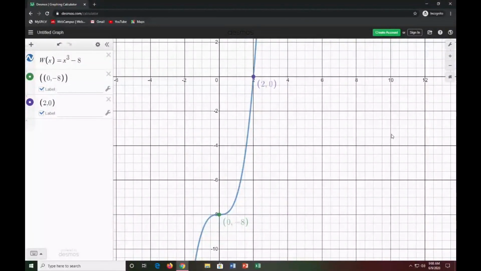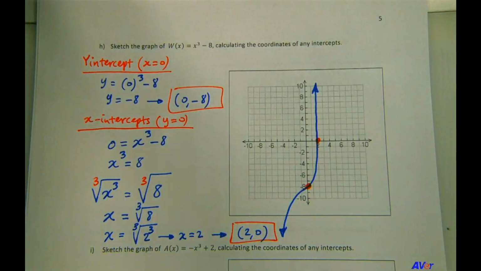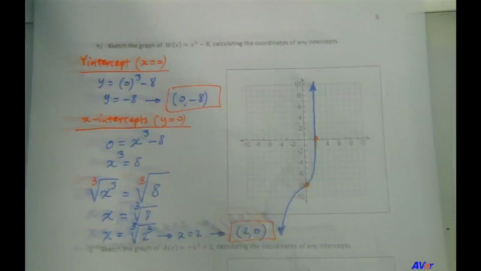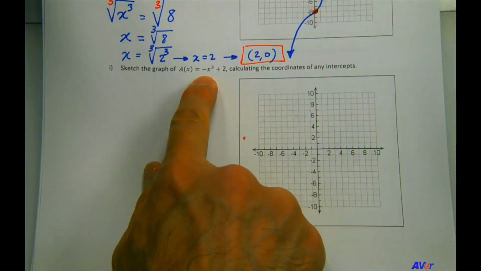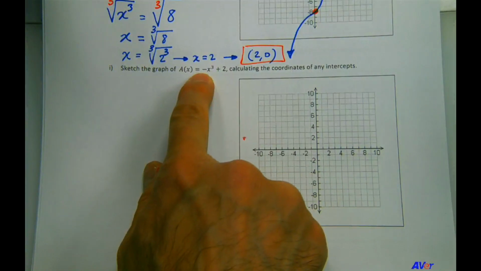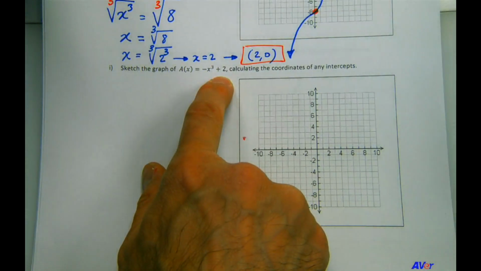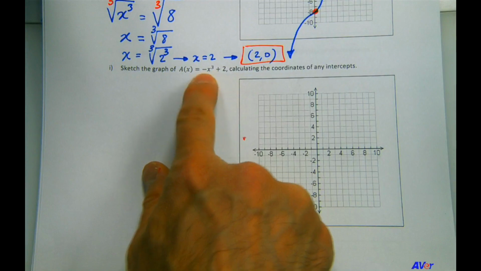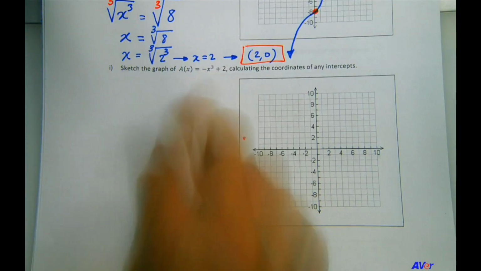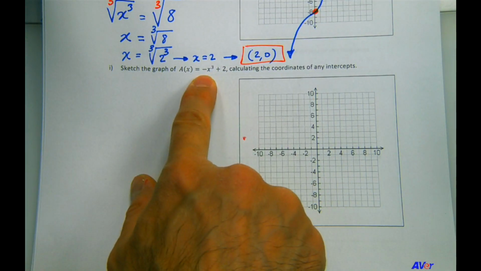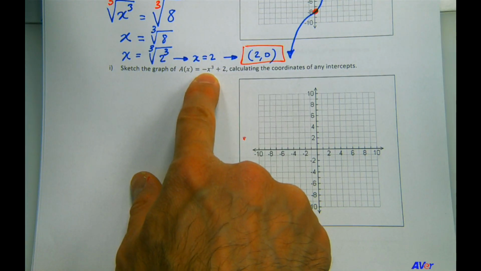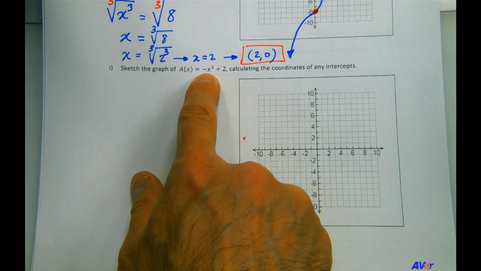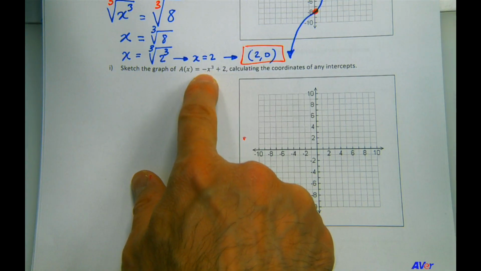Okay, so let's go back to the doc camera. So here, an interesting thing happens because we have minus x cubed plus 2. So this minus x cubed will flip the cubic function across the y-axis this time.